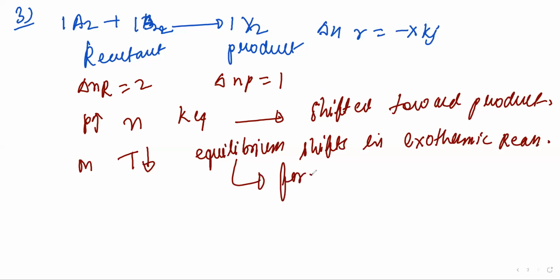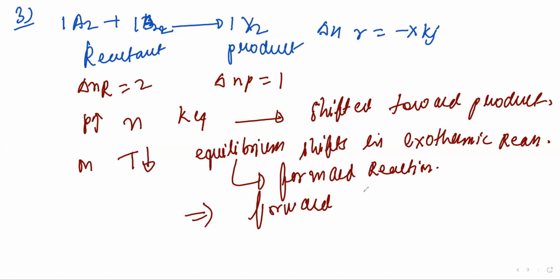So for low temperature, the forward reaction would be favored. Higher pressure and lower temperature favor the maximum formation of the products. Both conditions will favor the forward reaction, so write this one.